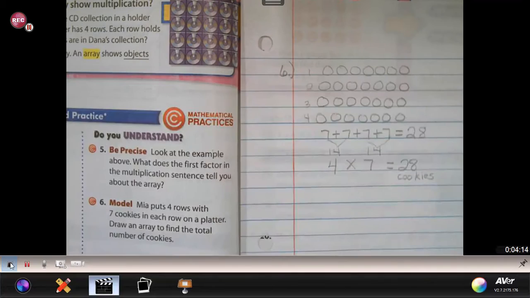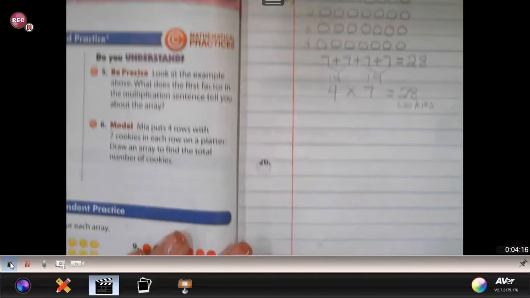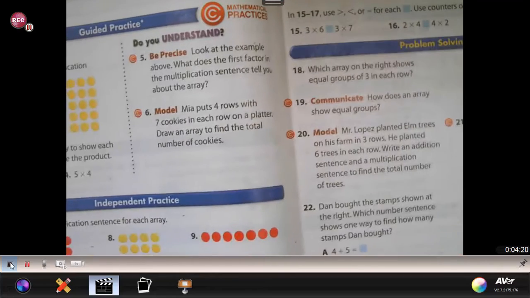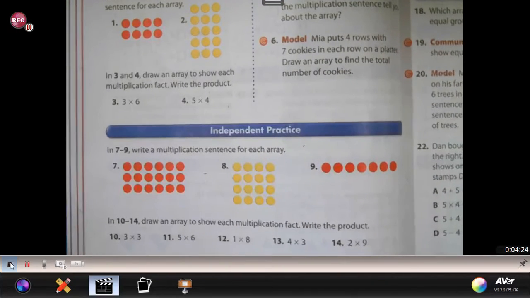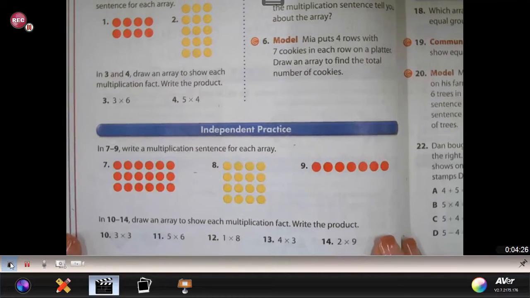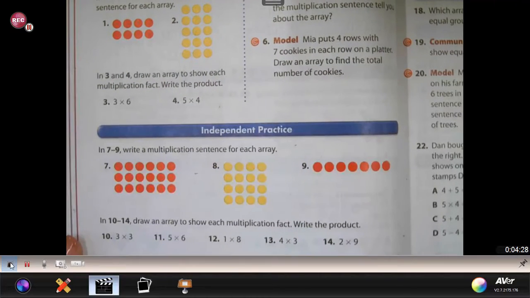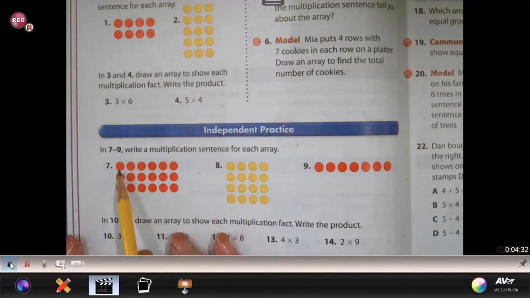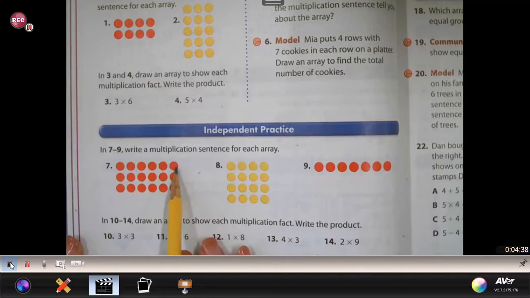Okay. Looking at number 7, and again, I'm not going to go over every single one of these, but I do want you to be checking these as we go. So it says write a multiplication sentence for each array. Well, first I'm going to write an addition sentence. So I'm looking at my rows, and I have these groups, and I have 1, 2, 3, 4, 5, 6.